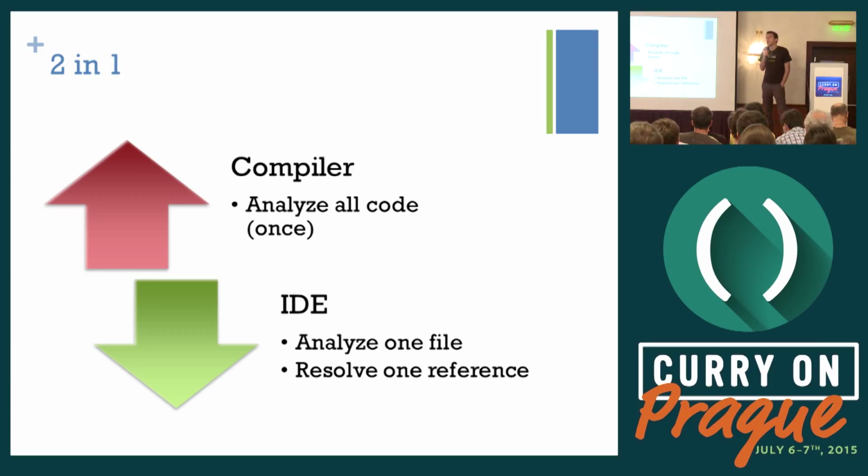Yeah. So the question is, why not just resolve everything once and then use the resolve database for that? The thing is that whenever you change any declaration in your program, that resolve database is invalidated. Well, actually, there are different approaches to this.